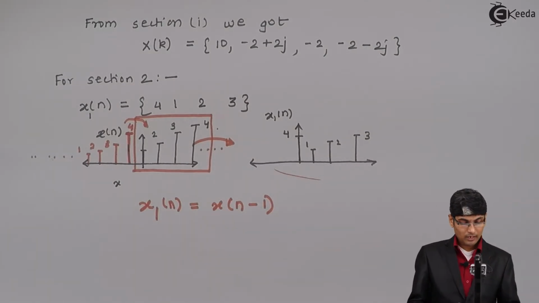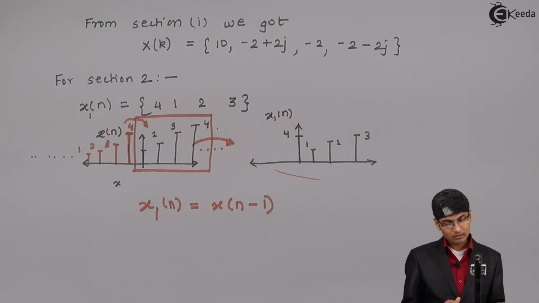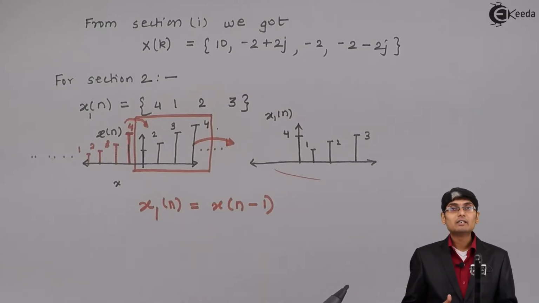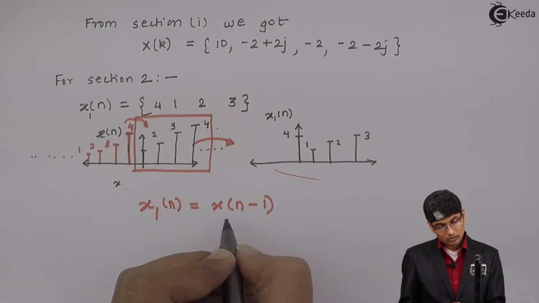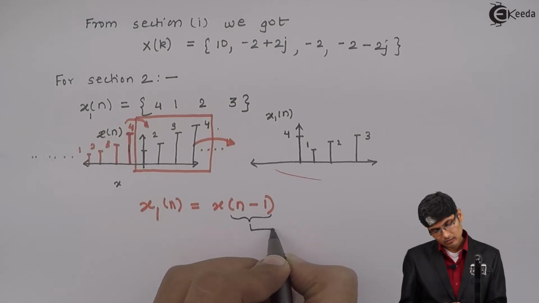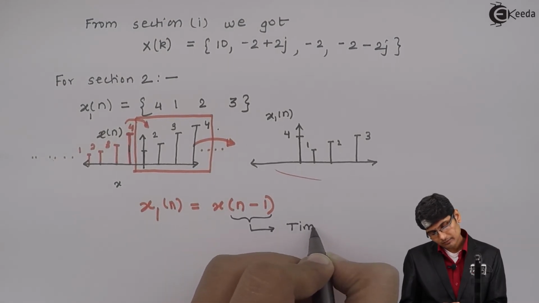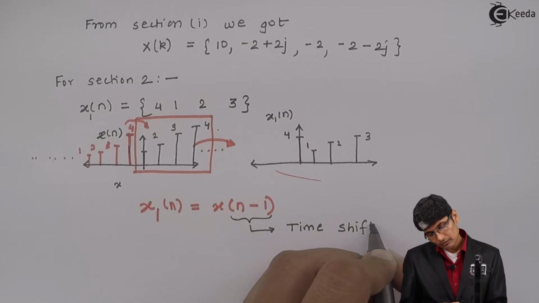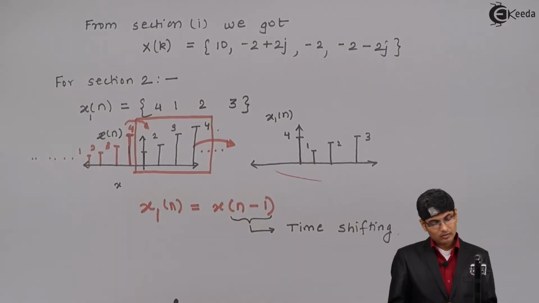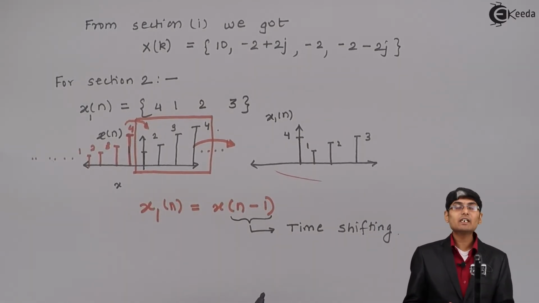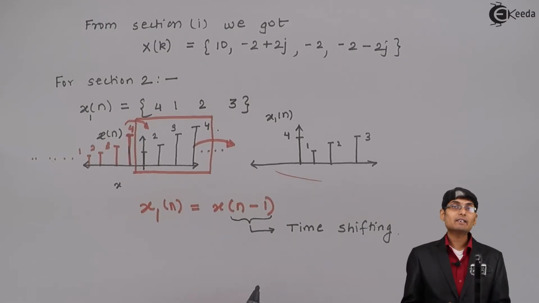Now, what we have done is a time shifting. Because I have shifted in time, I can apply the time shift property, which is 4a.